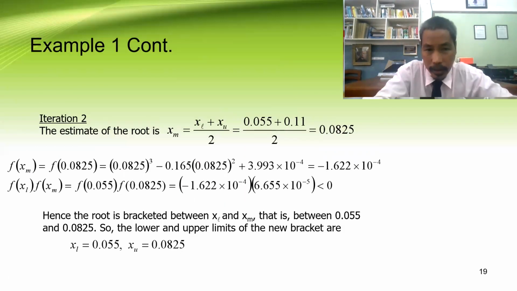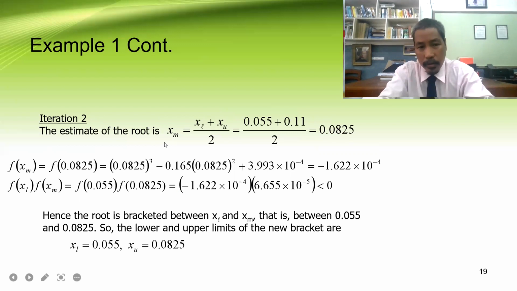Iteration number 2. Again, let us average 0.055 plus 0.11 divided by 2. The answer is 0.0825. Now, again, use this value, substitute to the function, and evaluate. Now, the answer is negative. Meaning, if we multiply this function to the value of f(xl), the answer is negative and therefore less than 0, and we satisfy.